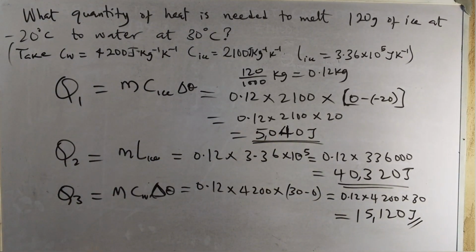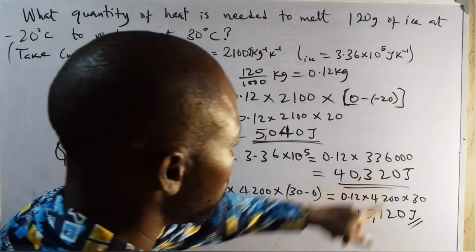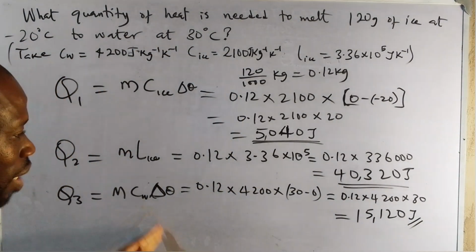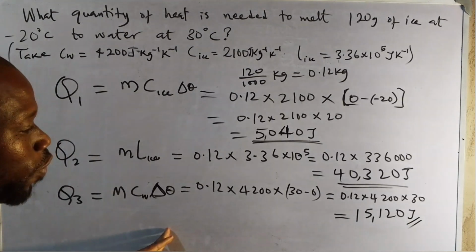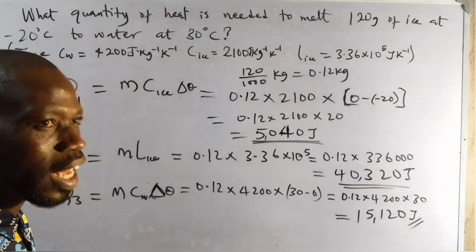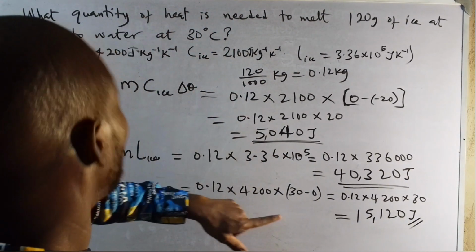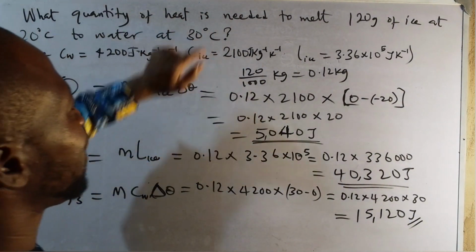So you need 5040 joules to take it from ice to water at 0. You need 40,320 joules to break the intermolecular force to make it water, to free it. Then you need 15,120 joules to change the water from 0 degrees to water at 30 degrees.